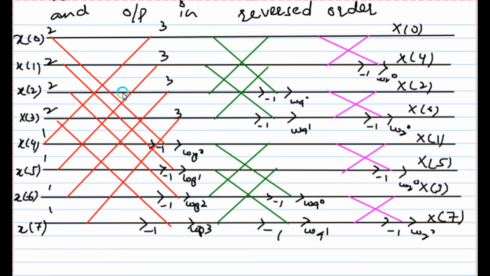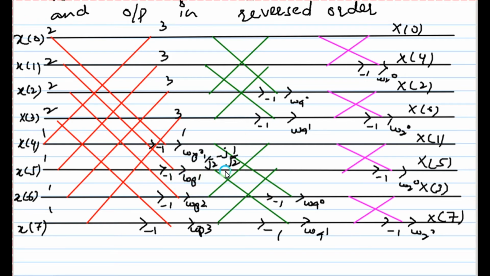Then here we'll have 2 minus 1 into W8 0. So 2 minus 1 is 1, and 1 into W8 0 is again 1, because W8 0 is 1. So I'll have 1 here. Then I have W8 1 here. First 2 minus 1 is 1, into W8 1, and W8 1 is 1 by root 2 minus j 1 by root 2.